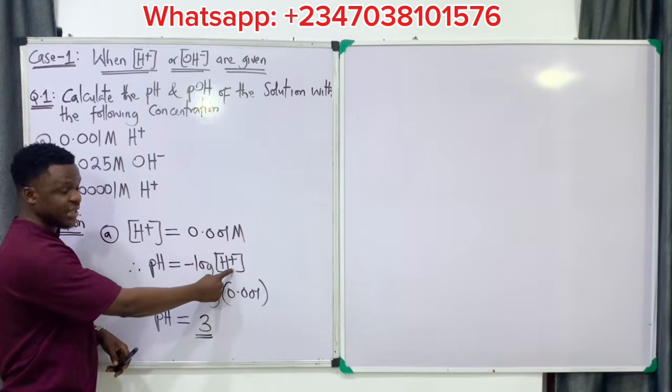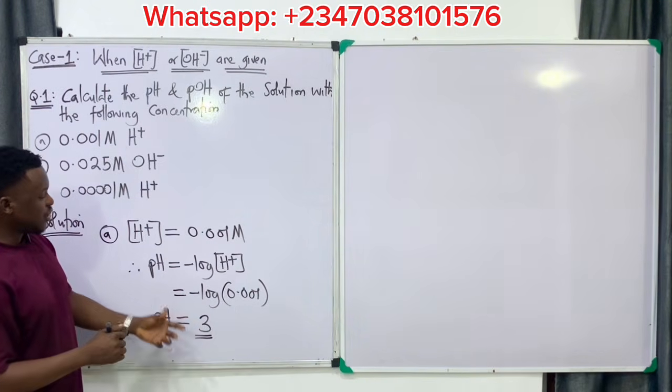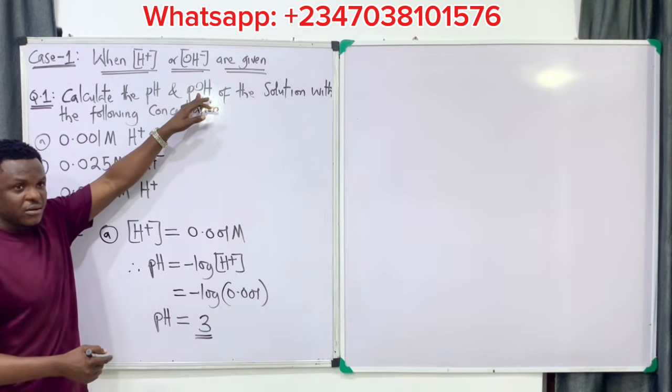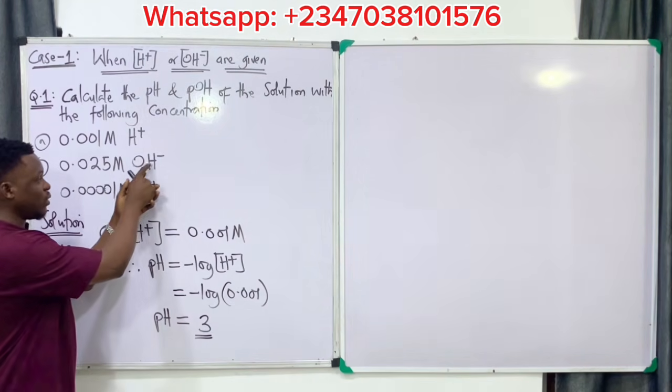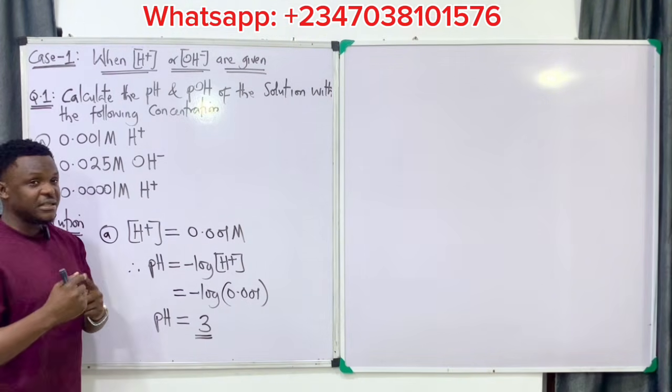After which, I will use the relationship between pH and pOH to get my pOH. If I want to solve for the second one, I'll first of all solve for pOH because what they gave me is OH minus, and after which I'll use the relationship to find the pH.